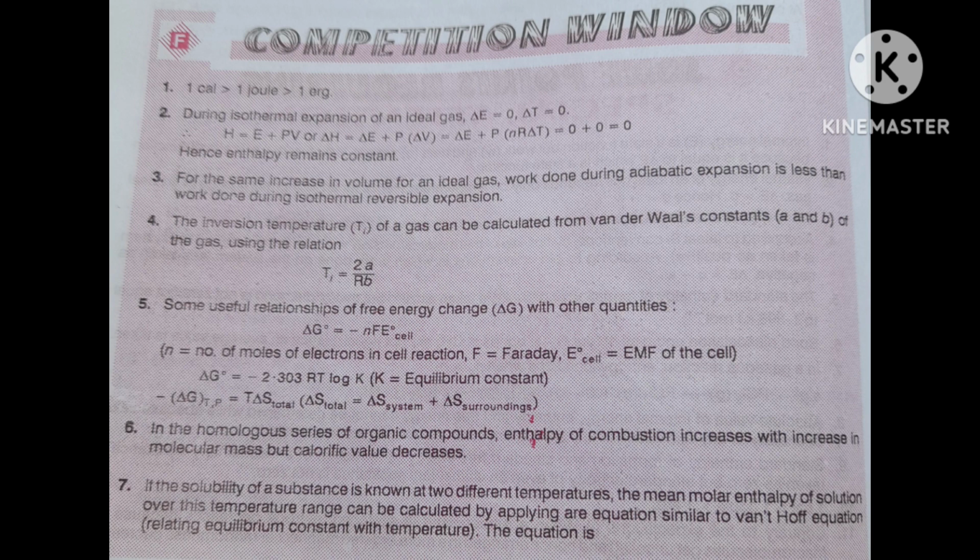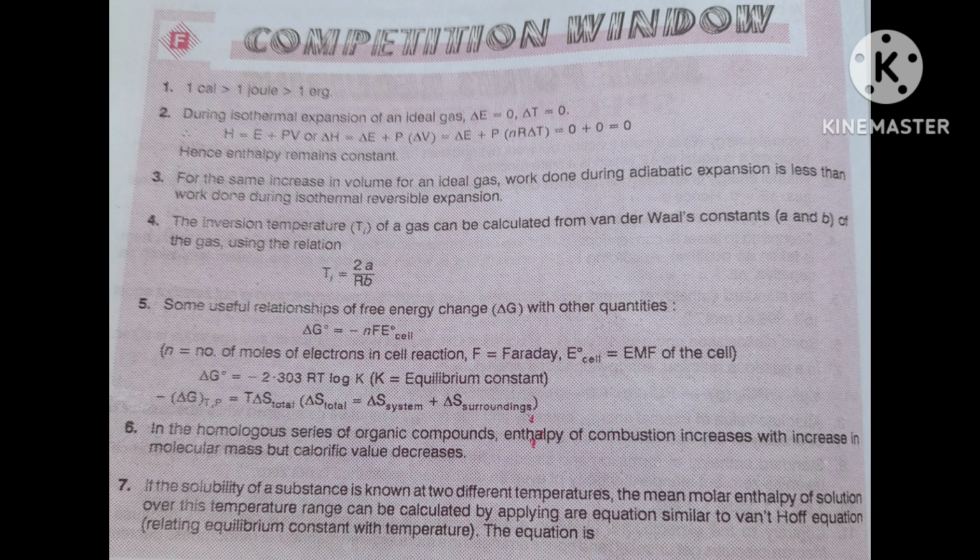But here T is temperature, so temperature will change, delta T. But here for isothermal expansion of an ideal gas, delta T is equal to 0. Hence the entire term P into nR delta T will be 0 and delta E is also 0. Two conditions were there: delta E is equal to 0 and delta T is equal to 0.